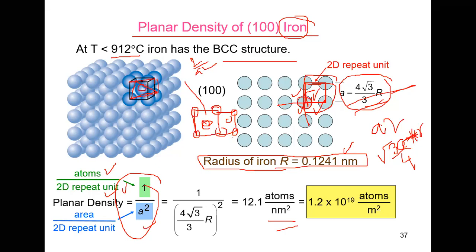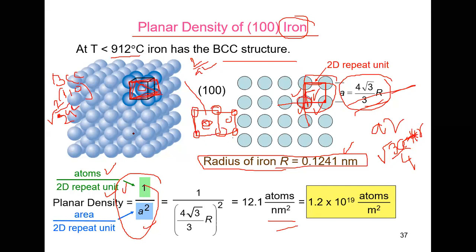So for the 110 plane of the BCC crystal, the number of atoms will be 2. But the area will be, one of the sides is √2a, another side is a. So it will be √2 a square. So the planar density for BCC in the 110 plane will be 2 by √2 a square.